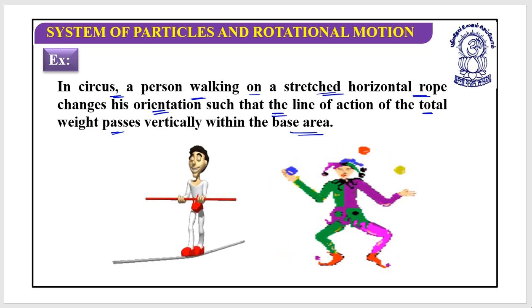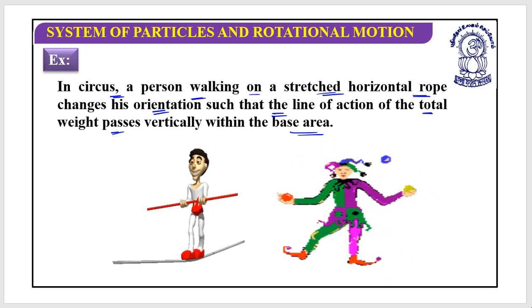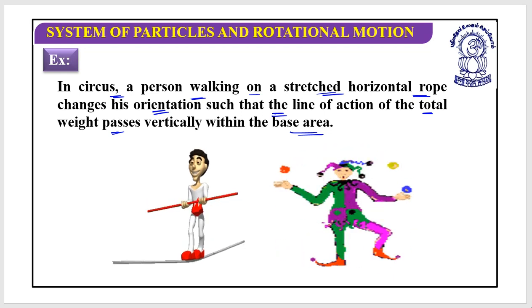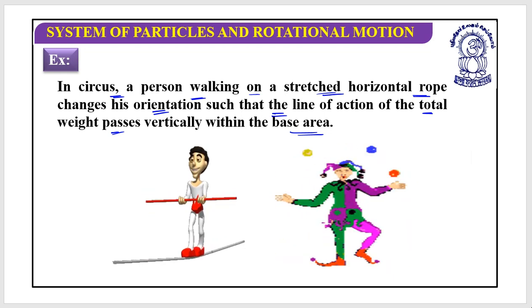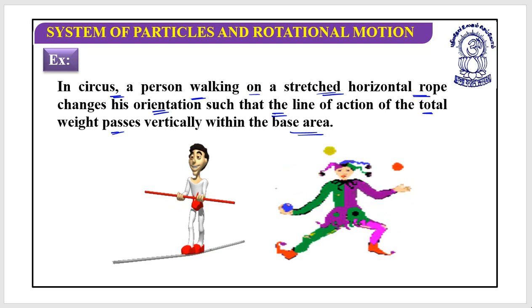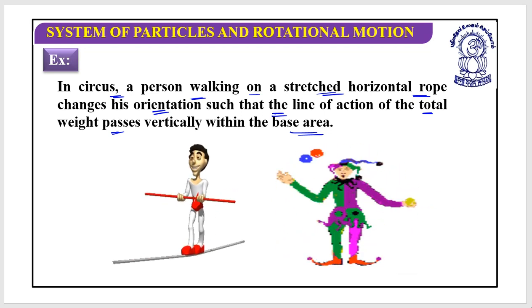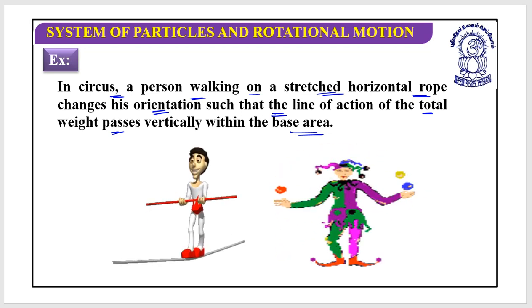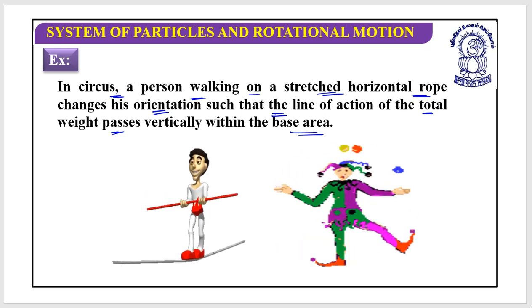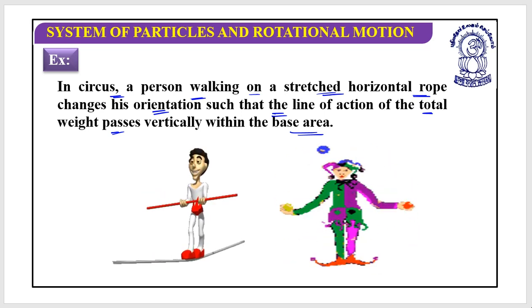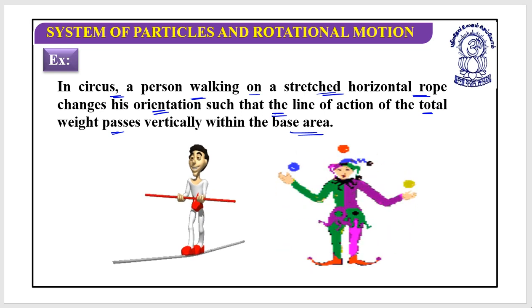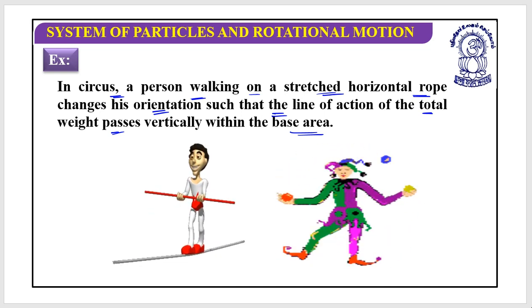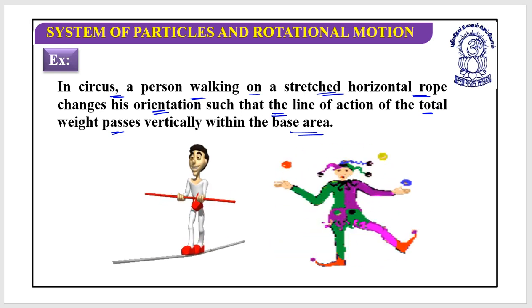Even the joker, or we can say the juggler, is doing the same thing. He keeps rotating his arms as well as his legs, so that the center of gravity will allow him to juggle the balls. I hope this is clear. Is it clear? Great.